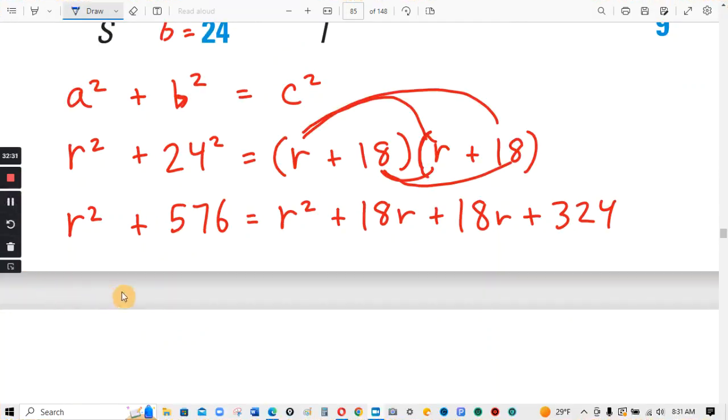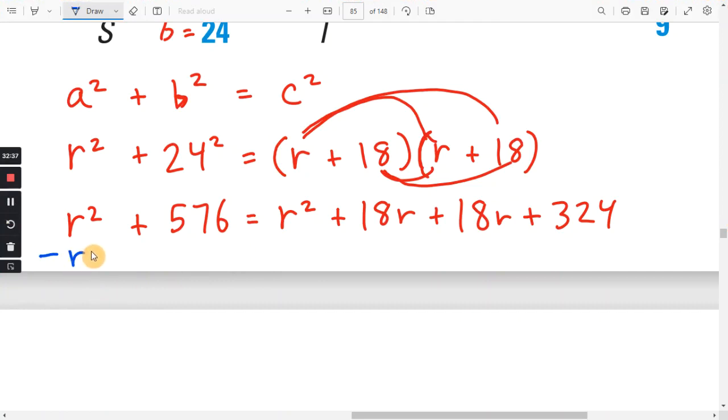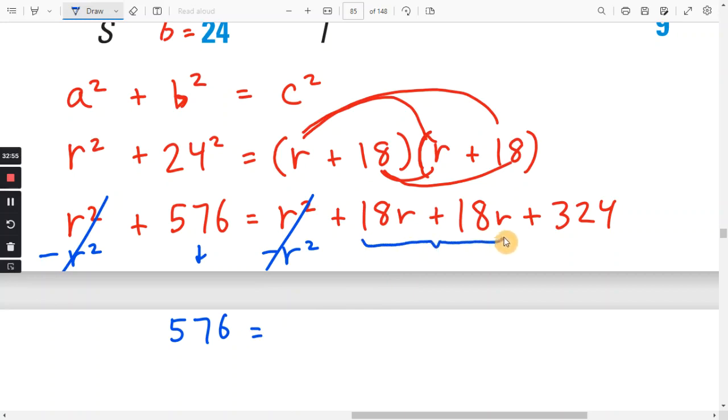All right, just like last time, we have an R squared on both sides. So I am going to do minus R squared on both sides, the opposite, in order to get rid of it. R squared minus R squared is 0 in both cases. Bring down 576. Bring down the equal sign. 18R plus 18R is going to be 36R.